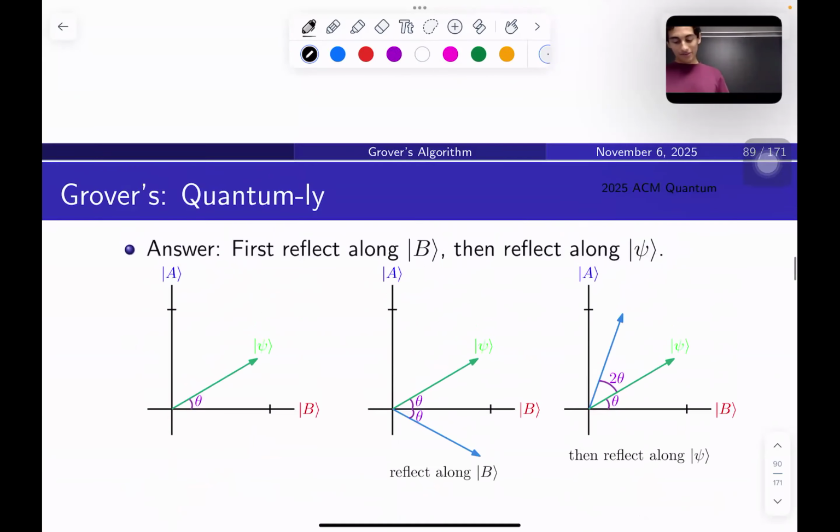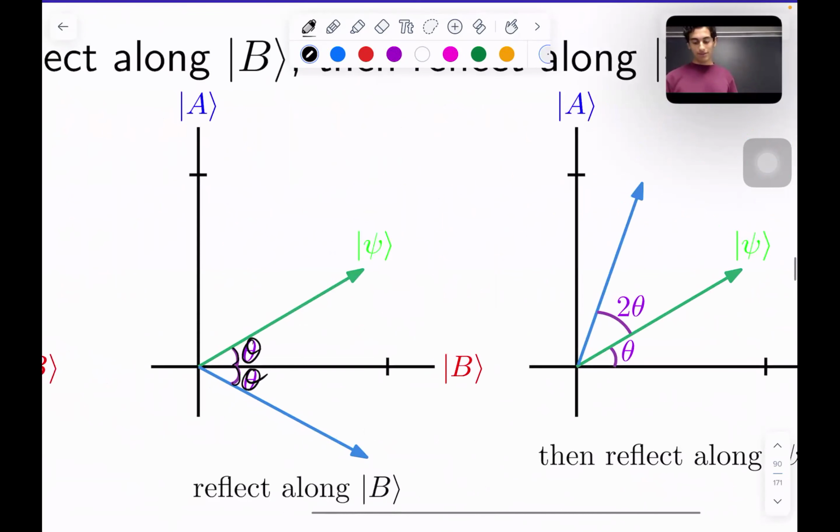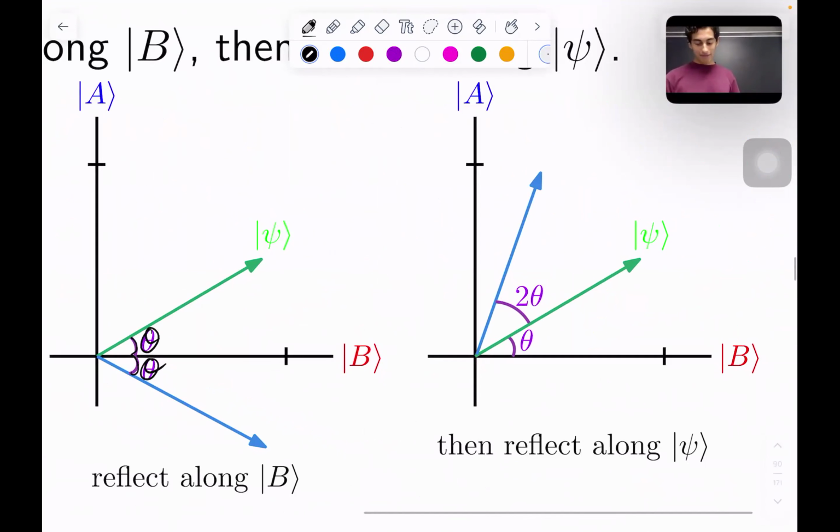Then if you take that vector and reflect it around this original psi axis, you're originally 2 theta away from the psi axis, and after the reflection you're 2 theta away on the other side. So now your state is much closer to the a-axis, by 2 theta. Does that make sense? Good.